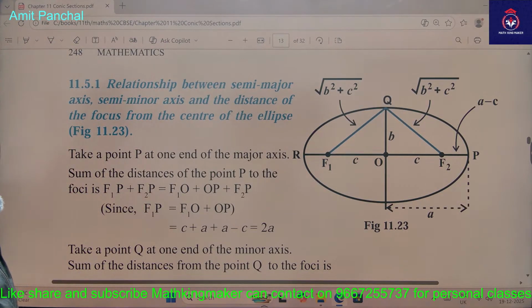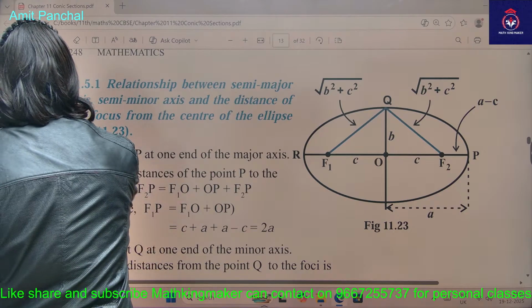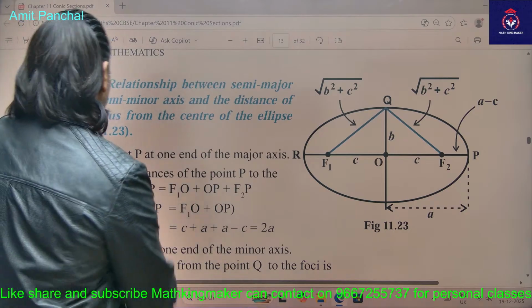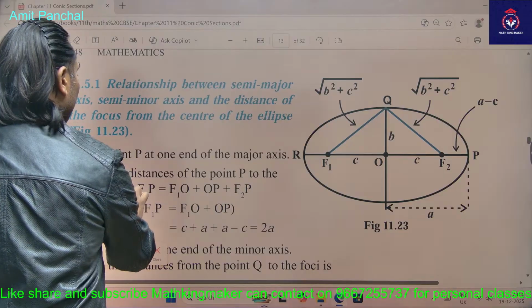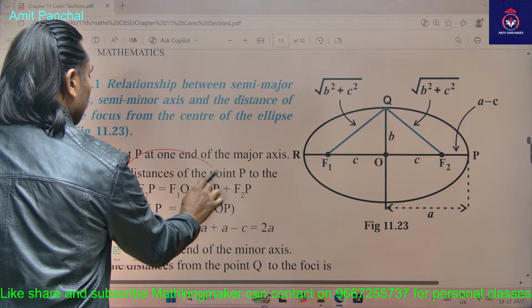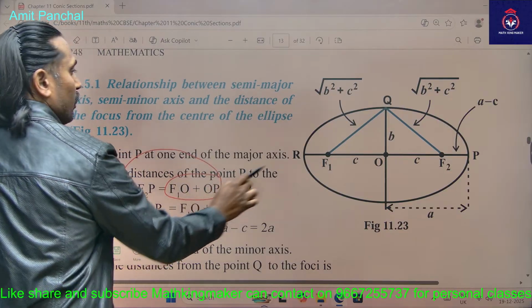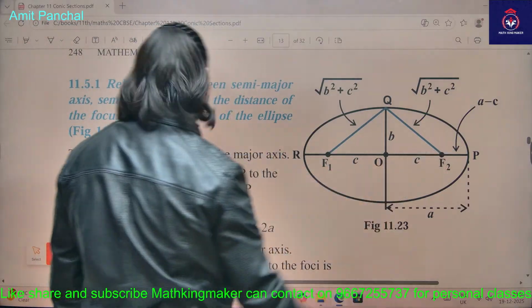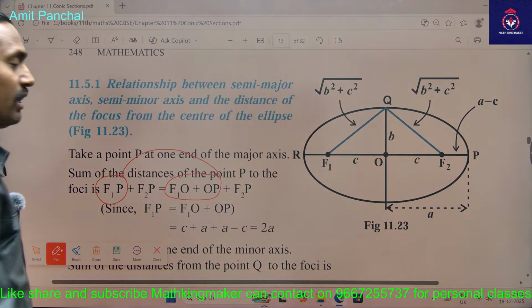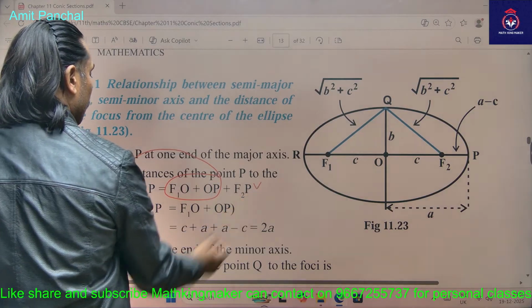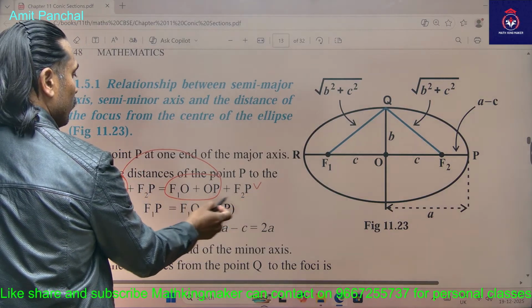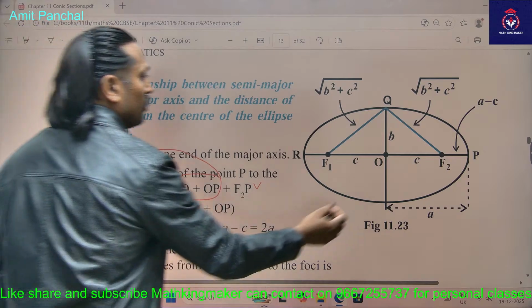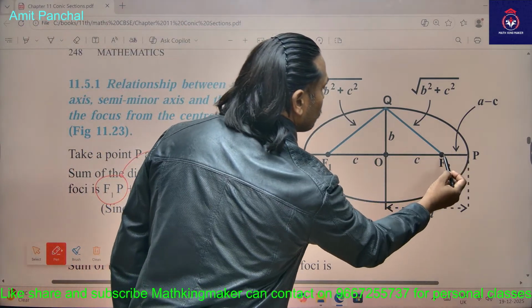F1P, we can write it like F1O plus OP, isn't it? So this F1P we are writing as F1O plus OP, and F2P is the same. Now, F1O plus OP plus F2P.